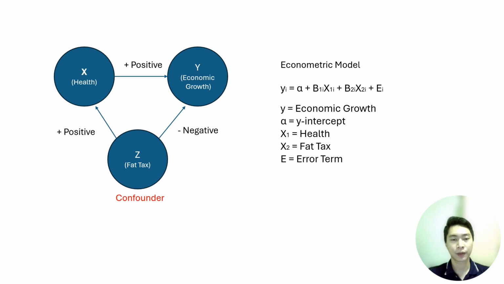Variable z, which can also be considered as x2, which we'll be using in the next slide, is the confounder. Let us assume it is fat tax. With good health, there will be a positive impact on economic growth. With the fat tax induced, economic growth will have a negative impact.